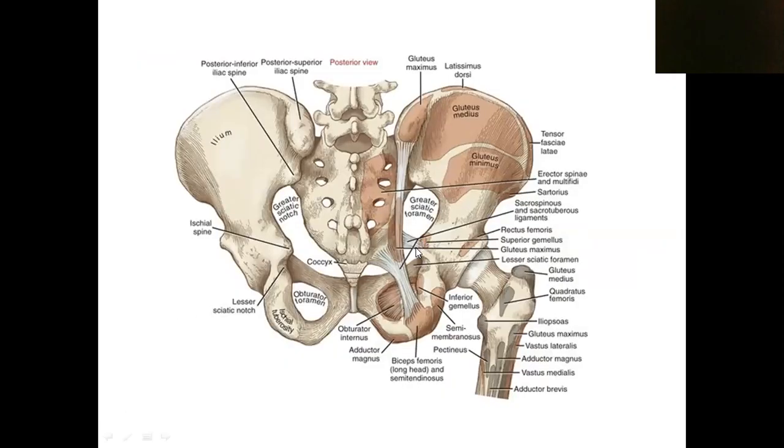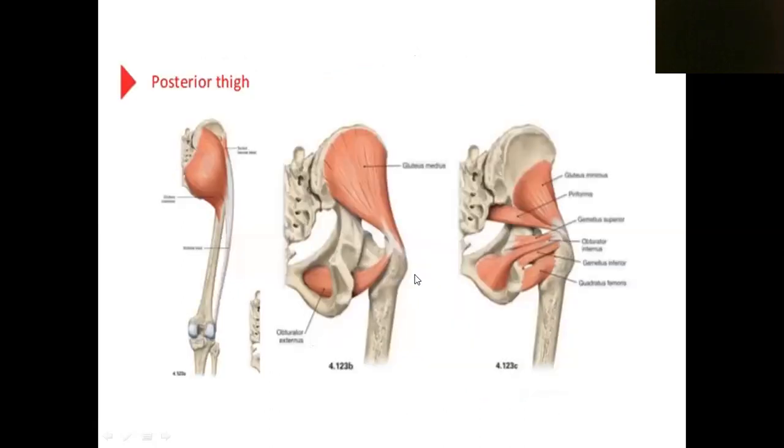We can see one elevation here, this is the ischial spine. Below that, this roughened area is the ischial tuberosity. Superior gemellus arises from the ischial spine and goes to the greater trochanter. Inferior gemellus arises from the ischial tuberosity, and from there to the greater trochanter.